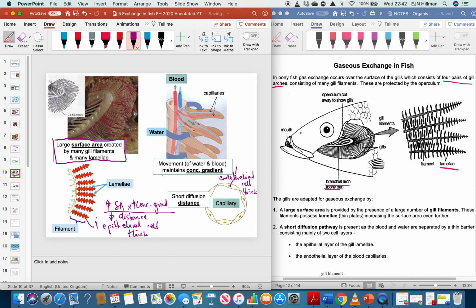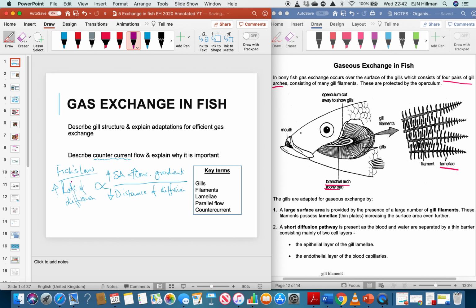So the gases need to be exchanged over a single epithelial cell in the lamellae and a single endothelial cell to the capillary. Altogether, all of those features mean that there is an increased rate of diffusion.